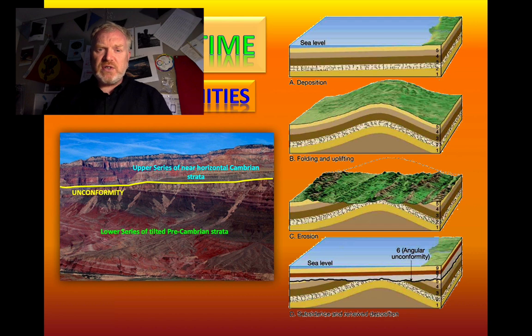The Cambrian rocks that sit on top of those haven't been tilted, haven't been eroded, so therefore they must have been deposited after that erosion took place. So those older rocks had to have been laid down, cemented together to form a solid rock, tilted and eroded before those younger beds are laid down. So we know that the beds that have been tilted and eroded must be older, the beds that haven't been must be younger.